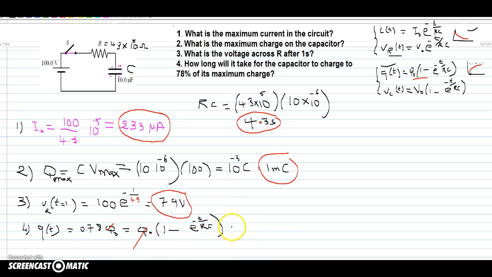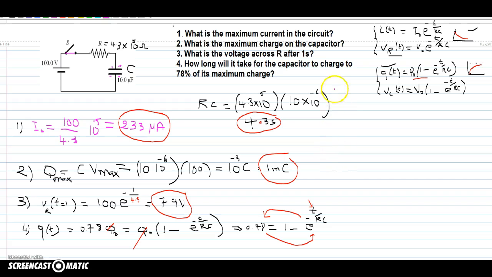So that is 0.78 equals 1 minus exponential minus t over RC. Remember, what we are looking for is solving for this t here, in the argument of an exponential function. So we rearrange this equation, bring this term here, make it positive, and bring this term here, make it negative. So it's very easy steps.